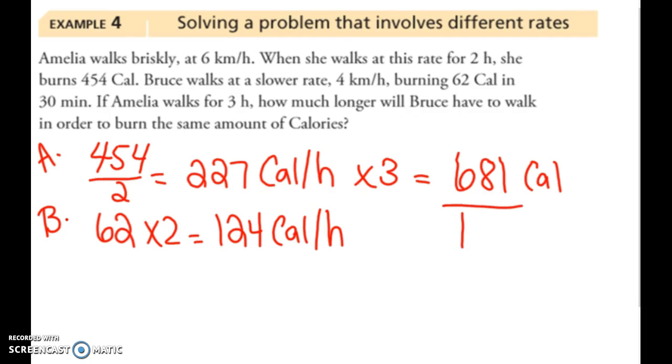So if we divide by how many calories he burns per hour, that will leave us with how many hours he has to walk. So 681 divided by 124 leaves us with 5.49 hours. So Bruce will be walking 5.5 hours in order to burn the same amount of calories as Amelia.